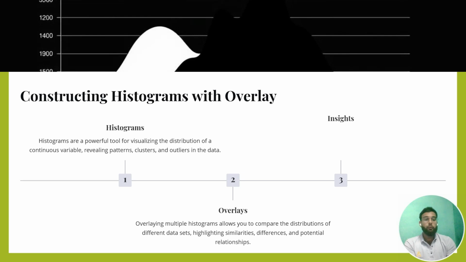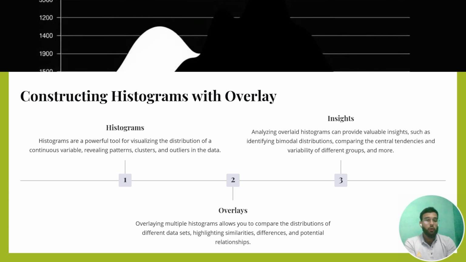Now we'll talk about insights, means how we can use histograms with overlays and how it helps us. So analyzing overlaid histograms can provide valuable insights, such as identifying bimodal distributions, comparing the central tendencies and variability of different groups and more.